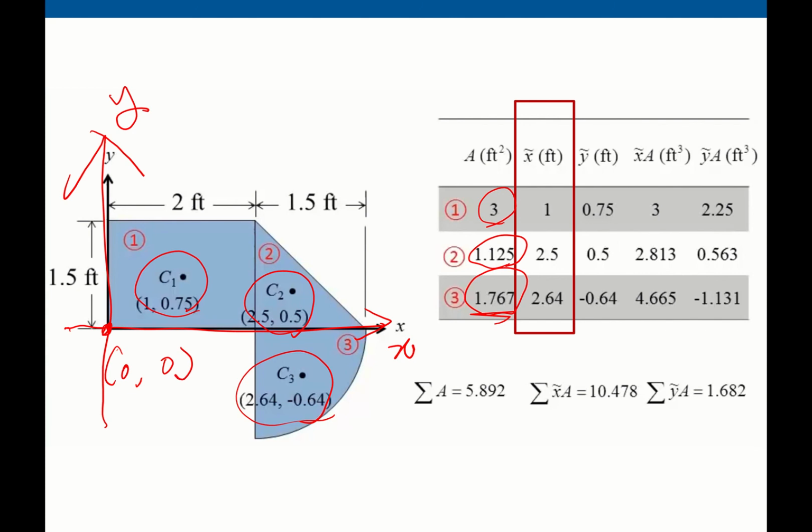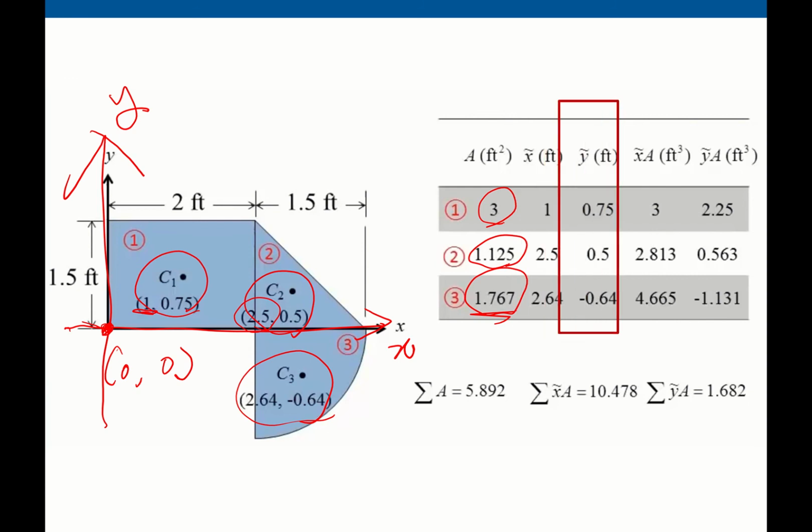We know that the x tilde for the first body is 0.75, because this is a rectangle and the centroid is in the middle. How about number 2? Number 2 is 2.5 from the origin. How about number 3? Number 3 is 2.64. Okay, so we also know the y tilde.